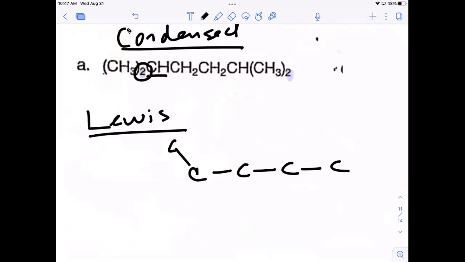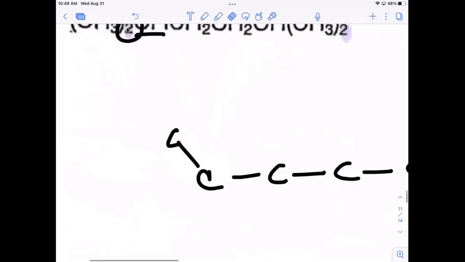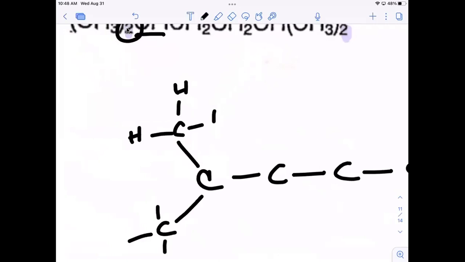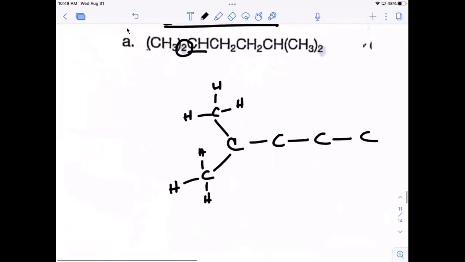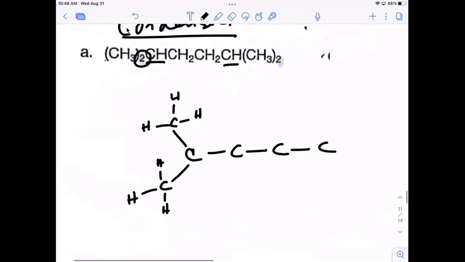C, and I'm going to write out the hydrogens too. C, like that. Put the hydrogens in. The Lewis form is very cumbersome. And then on the other end, it's the same thing. C, like that.